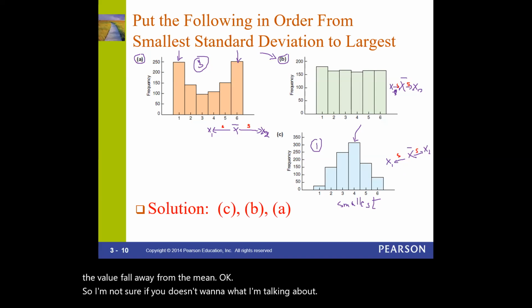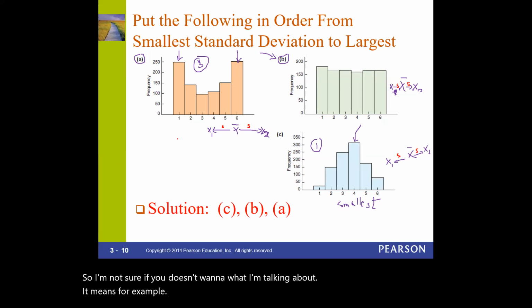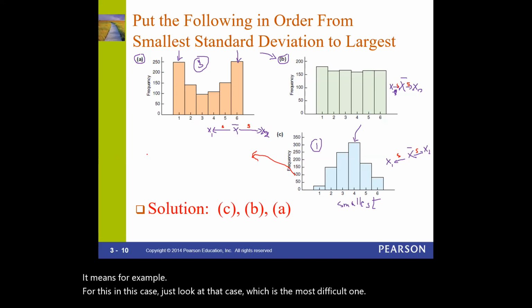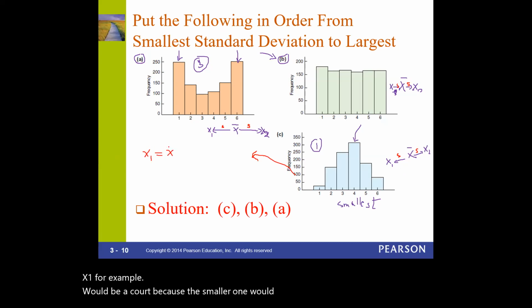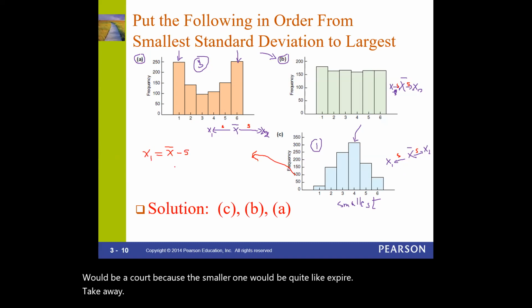It means, for example, in this case, let's talk about the most typical one. You're going to have x1, for example, because it's the smaller one, equal to x bar take away s.